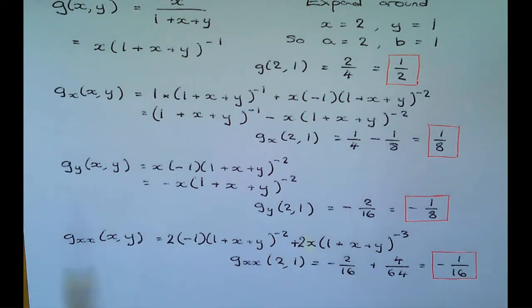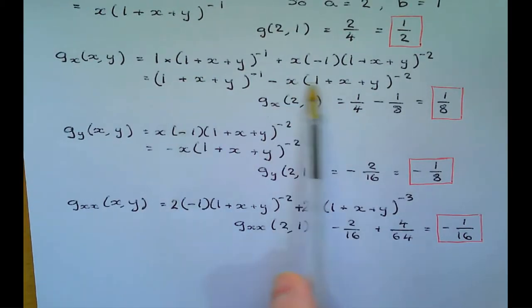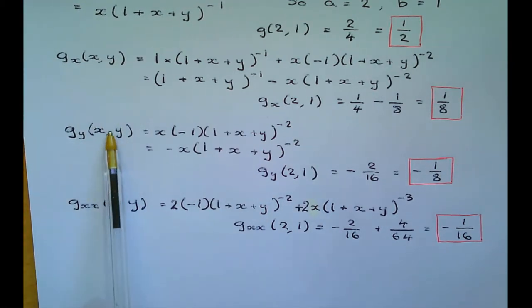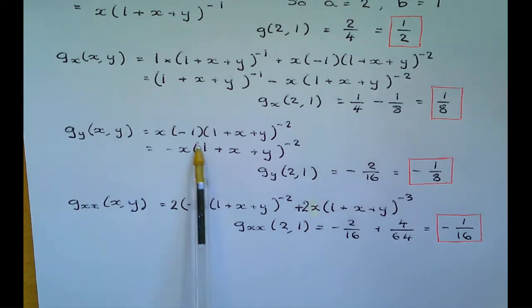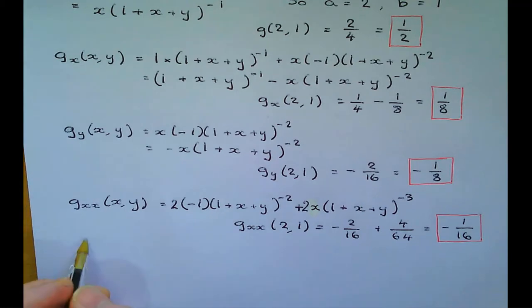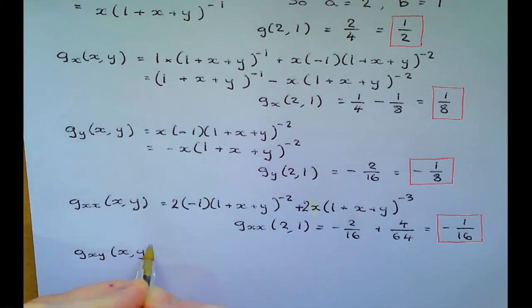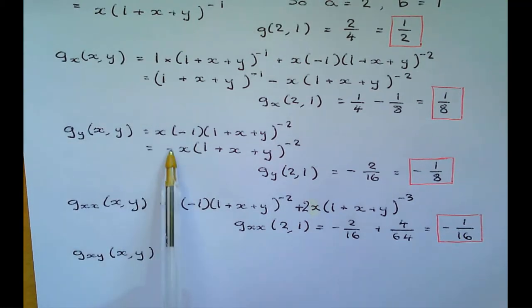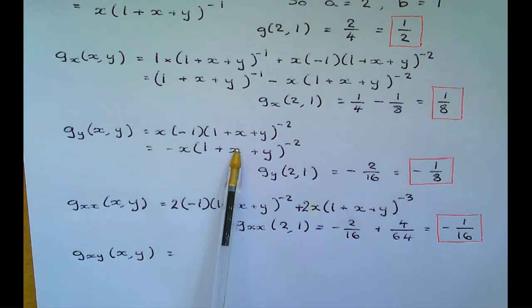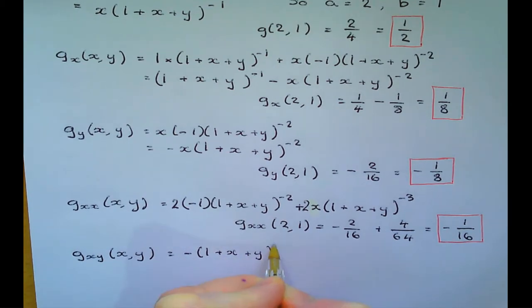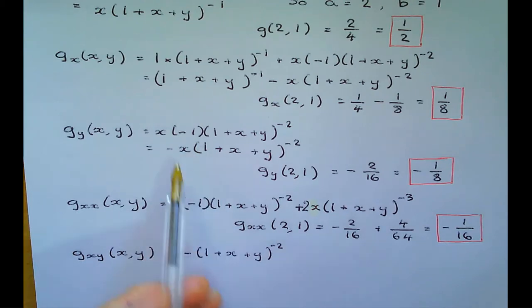The mixed second derivative, we can differentiate g_x with respect to y, or differentiate g_y with respect to x. If we try the latter, g_xy as a function of x and y. Differentiating with respect to x, we have minus 1 times the bracket here. So minus 1 plus x plus y to the power minus 2.